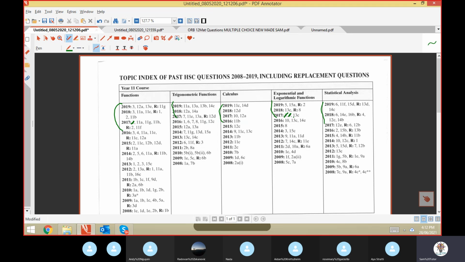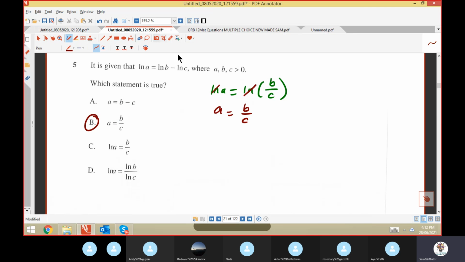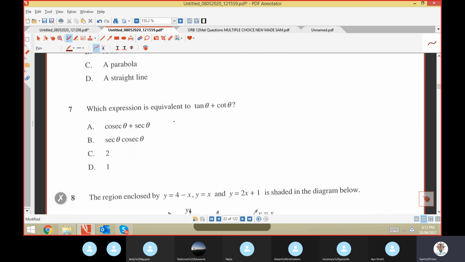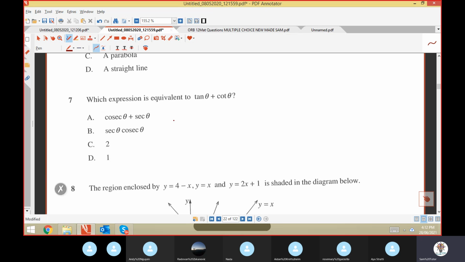Okay, number 5 out. Next one's number 7. Which expression is equivalent to tan theta plus cot theta? All right, you can see they've got secs and cosecs and then 2's and 1's, so the best thing is to change this to sines and cosines. So tan theta is sine theta on cos theta plus cos theta on sine theta.